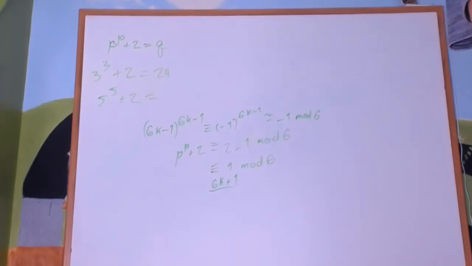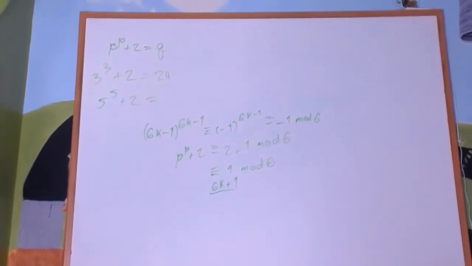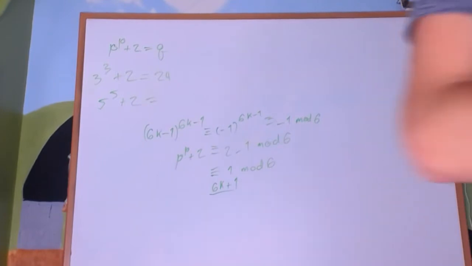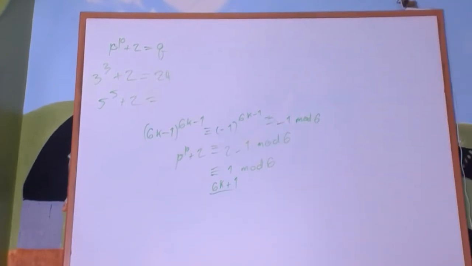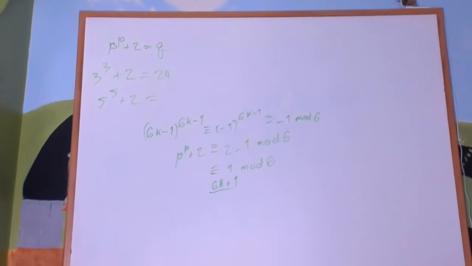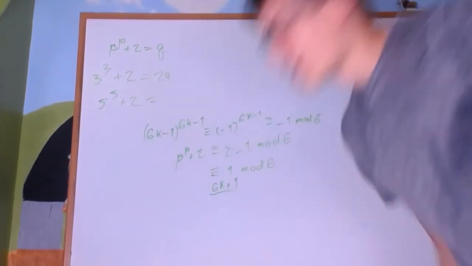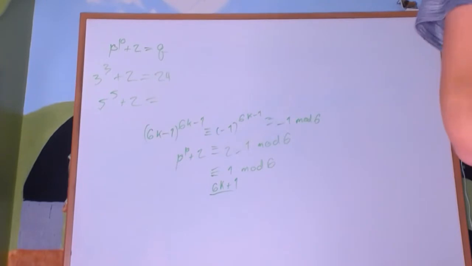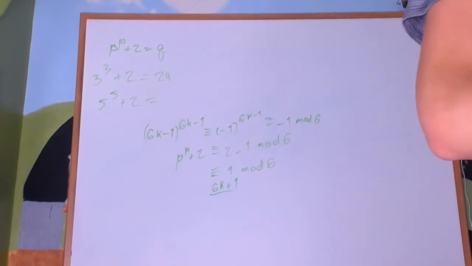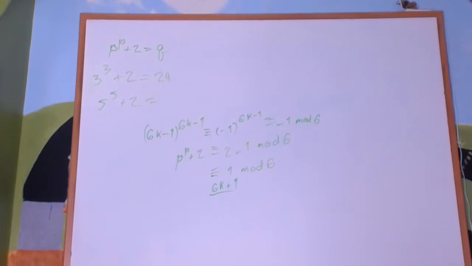That's too big. Let me look up a precise scientific calculator. High precision calculator. There we go. So we're doing 17 to the 17 plus 2. Execute.